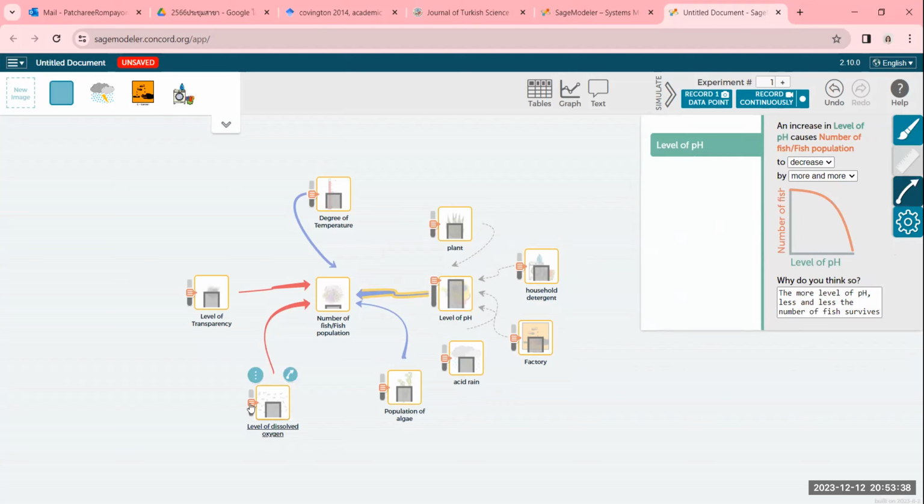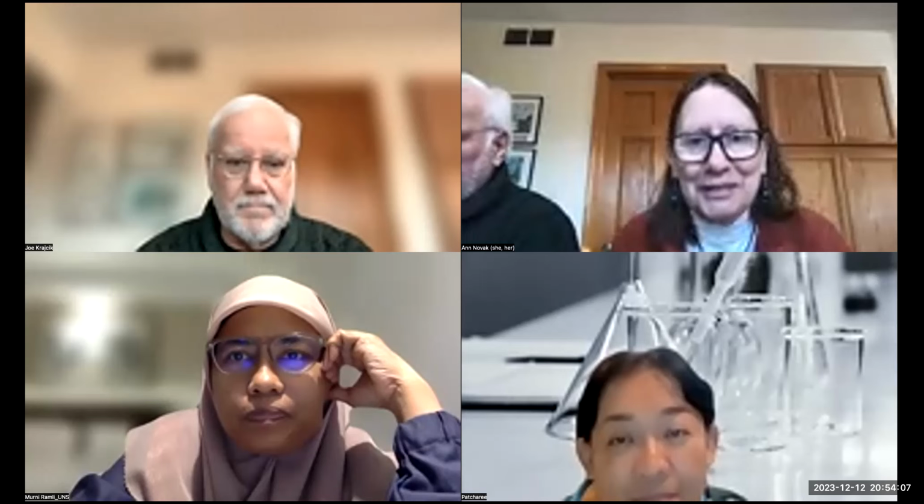It means that if the level of dissolved oxygen increases, more fish or more organisms will survive in the water. So the number of fish will increase too. Okay, very nice. So I'm going to ask you to unshare and then have the other group share their model. Thank you. That looks great.